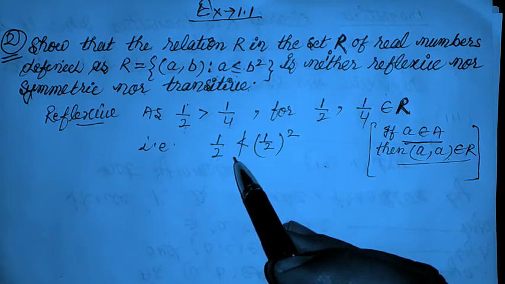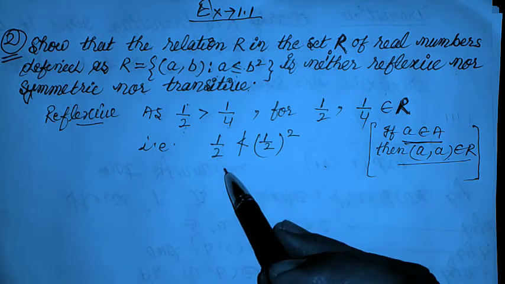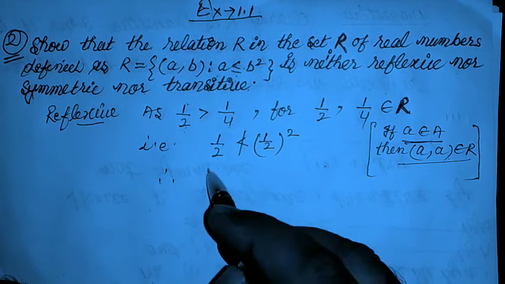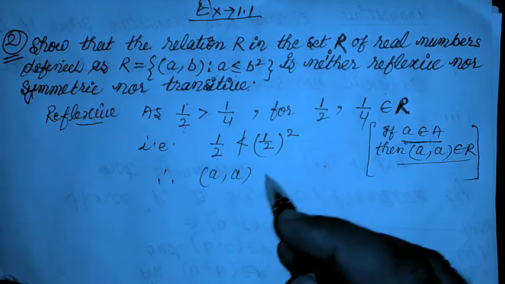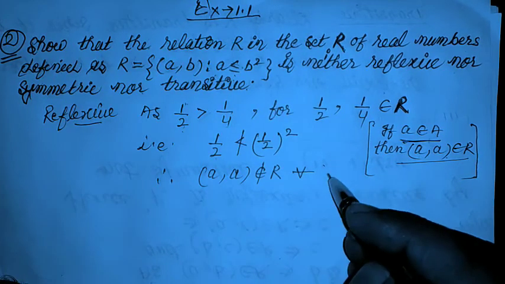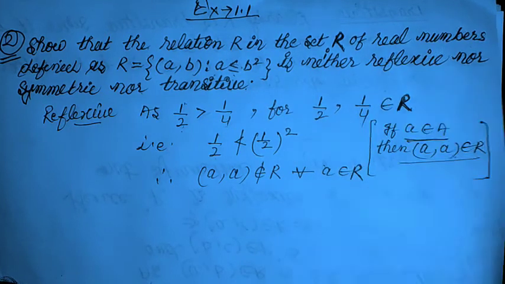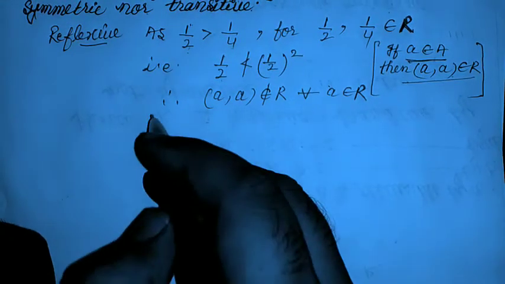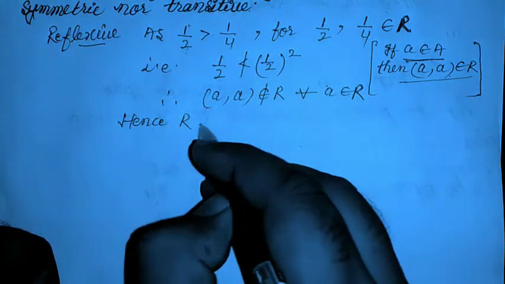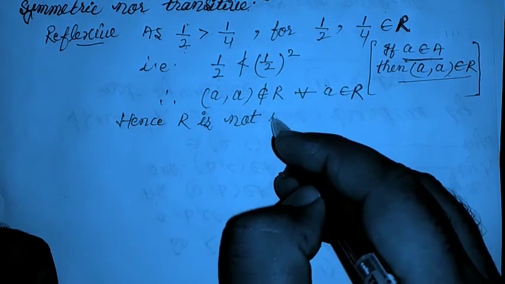So 1/4 can never be greater than or equal to 1/2. Therefore (a, a) does not belong to R for all a belonging to the real numbers. Hence R is not reflexive.